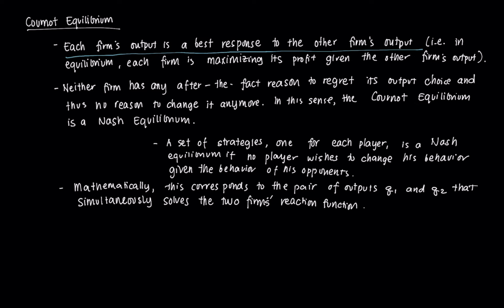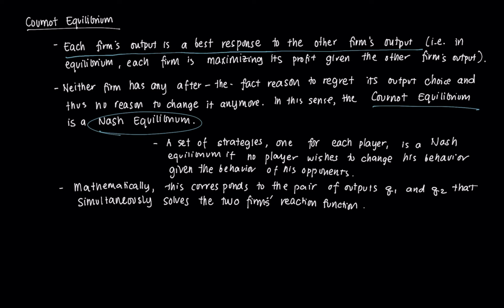We say that the Cournot equilibrium is essentially a Nash equilibrium, a concept in game theory. It is a set of strategies, and we call it a Nash equilibrium if no player wants to change their behavior given the behavior of the opponent. The same scenario applies here: the firm has no incentive to change its output given the output of the other firm, because the firms decide on output and not on price.